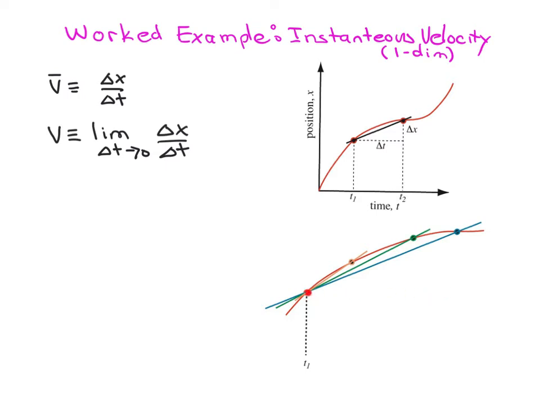What I want you to notice about this graph is that as delta t gets smaller and smaller, the slope of this line, that is the ratio of delta x to delta t, changes a bit. The lines are getting steeper and steeper. That just means that as delta t gets smaller and smaller, the average velocity is getting a little bit bigger and bigger.